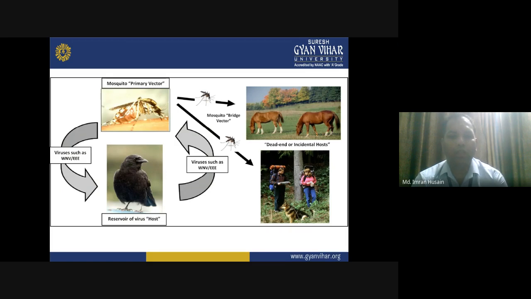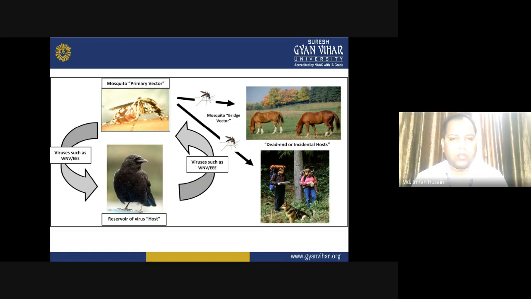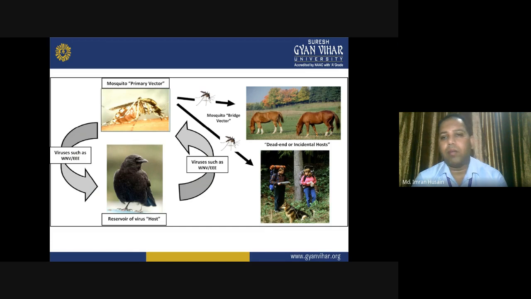So here you can see the reservoir virus host and how it is infecting others. Virus is transmitted to the mosquito. The mosquito is the primary vector, and the virus is transmitted back to the bird. But the problem occurs when the mosquito, the bridge vector, bites mammals or vertebrates.